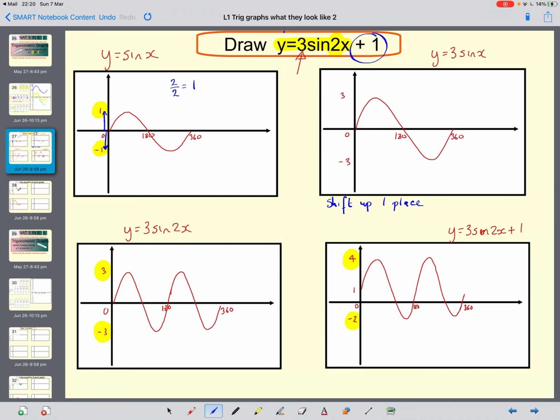So what's the difference really between 4 and negative 2? So from the 0 goes up to 4, so that's obviously 4 places. And from the 0 goes down to negative 2, so that's 2 places. So in total the difference would be 6. And if I half that, I'll get an answer of 3, which is the amplitude. So look at that in a wee minute. The next slide.